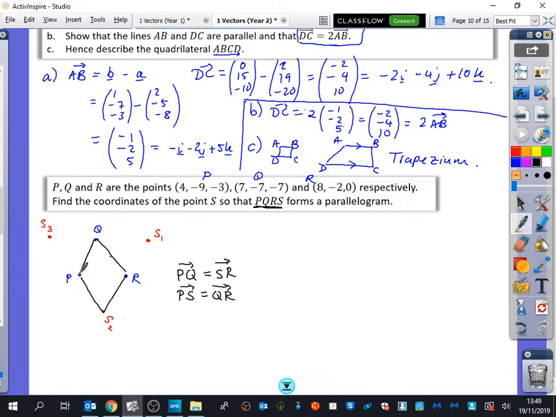I can get my P coordinate, and I can just add on PS, and it will mean that I'll end up at S2. It's kind of like just having different pathways. If you wanted to, you could take the R coordinate and add on RS, but RS is actually QP. Or you could take the Q coordinate, add on QR, and then add on RS, or add on QP and then add on PS. It's just about taking different pathways around the shape.